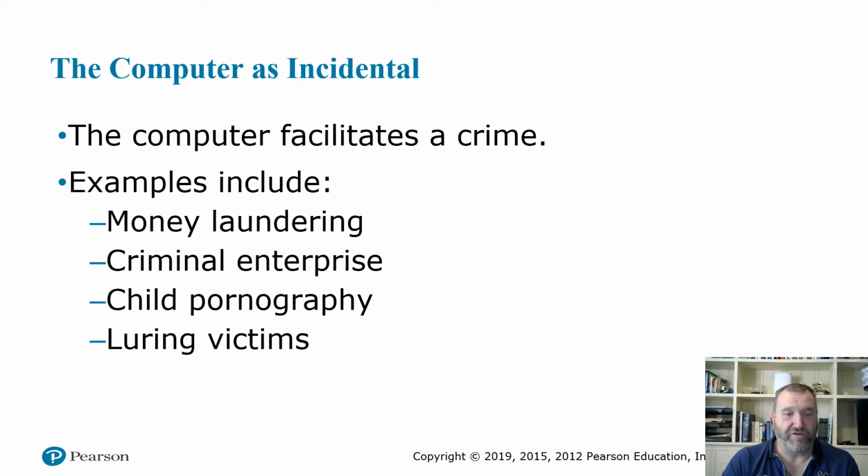I can have images off the network. I'm not doing cyber crime because I'm really not connecting node to node, but I'm making and facilitating pictures on my computer, which are then sent out. So the computer is incidental. I have to have the computer, and that computer becomes a part of my evidence trail or my evidence timeline that I'm going to need to use to go after the person.